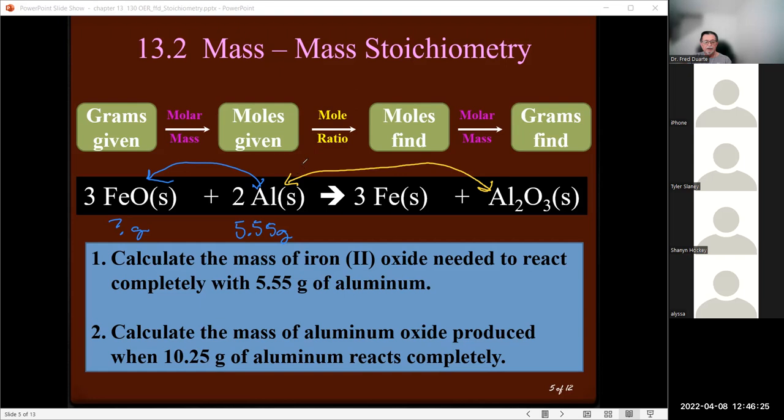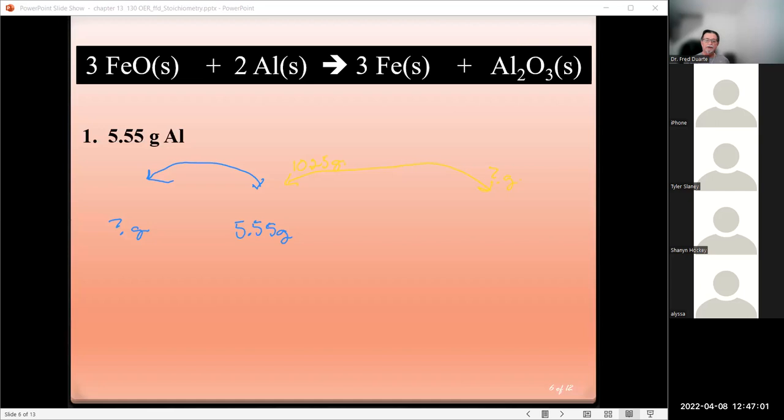If we start off with 10.25 grams of aluminum, how many grams of aluminum oxide are created? Aluminum oxide is a lot of times used in sandpapers, a very corrosive material. So, two separate questions, two separate bits of information, and we can work the problem. All right, so let me clear this up.